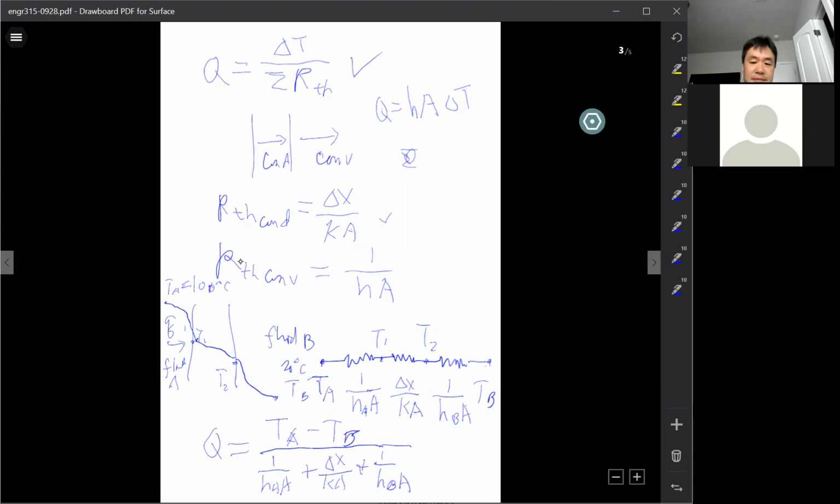Then I give you all the dimensions, delta X, the thickness of the material. I give you the cross-sectional area. I give you both h's. Basically you know all the properties and all the dimensions for this problem. Then you have the temperatures TA and TB. Will you be able to calculate T1 and T2?